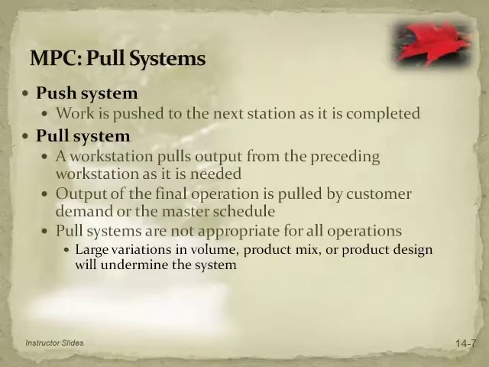So an MRP system uses a push flow. In a push flow, we are assembling from the lowest levels of the bill of material and moving upward in the bill of material. So you always have to start with something at the basic level and build up. So we are essentially pushing from one level to another. Now, push flow has its advantages. It also has its disadvantages.